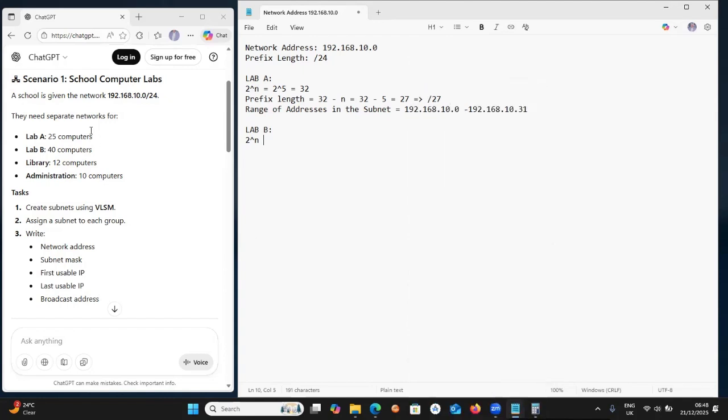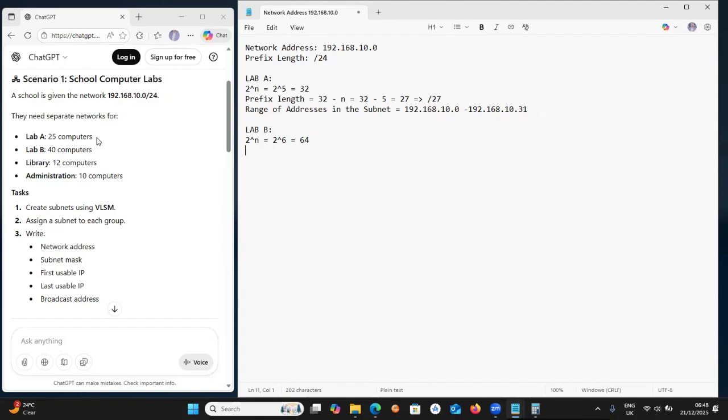It means in a lab that must contain 40 computers, the least subnet size that we can have there is 2 raised to power 6, and that will give 64.